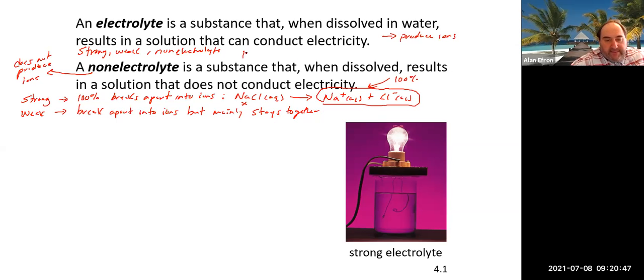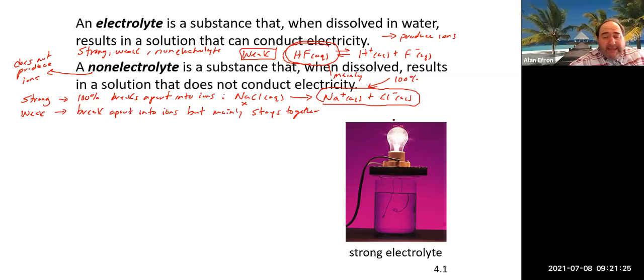Well, look at something that's a weak electrolyte, like hydrofluoric acid. It will break apart into H plus and F minus in this particular case. The difference is what we have in solution is mainly this: when you look at a solution of hydrofluoric acid, you mainly have the HF unit still together.